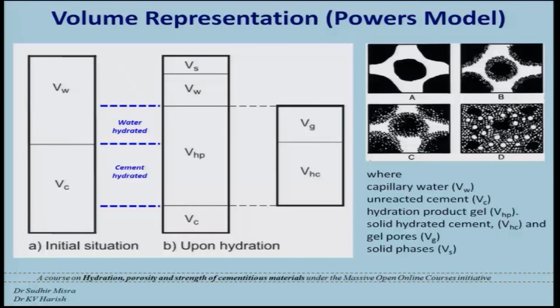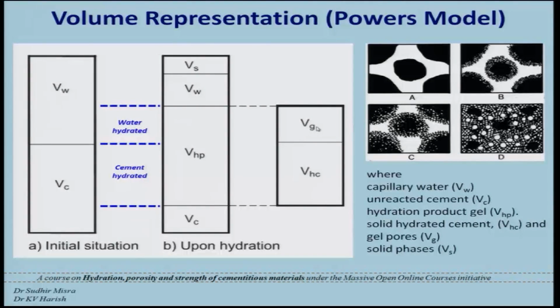Now, if you go to the next level of explanation, the volume of hydrated cement paste is divided into two parts. Remember, the volume of hydrated cement paste is nothing but the gel itself. The gel is divided into two parts: one is the solid phase, the other is the gel pores, and the gel pores may or may not contain water.